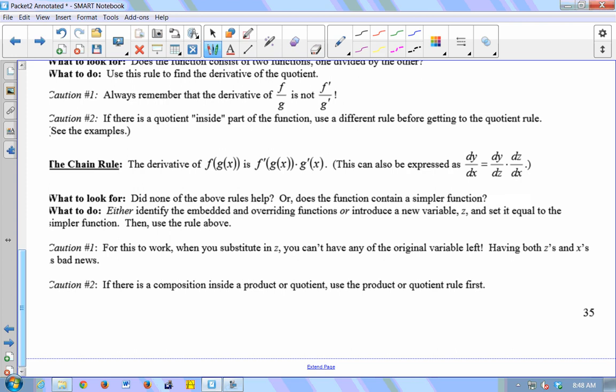If none of the other above rules helped, or the function contains a simpler function within it, you can either identify the embedded and overriding functions, that is the inside and the outside function, or introduce a new variable z and set it equal to the simpler function and use the Leibniz notation. And if there's a composition inside a product or quotient, use the product or quotient rule first.